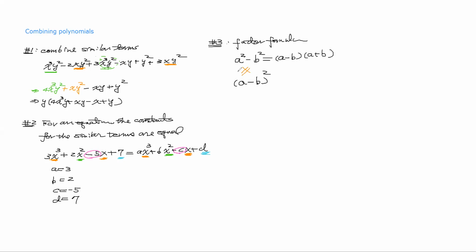These two are not equal. You need to FOIL these, so a minus b times a minus b gives a squared minus 2ab plus b squared. The same way, remember this formula: a plus b squared is a squared plus 2ab plus b squared.